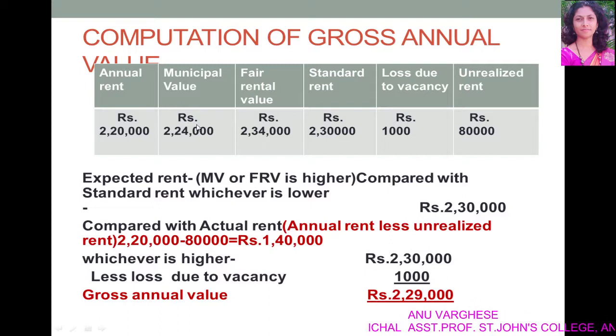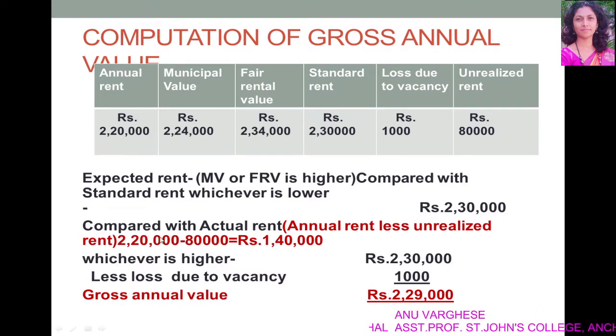You compare municipal value with the fair rental value, whichever is higher. Fair rental value is higher, 2,34,000. That figure is compared with the standard rent, whichever is lower. Standard rent is lower, that means 2,30,000.